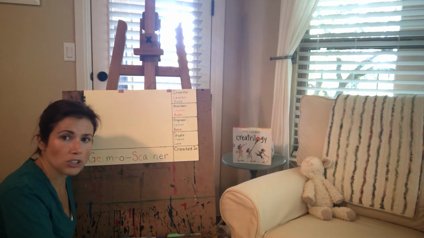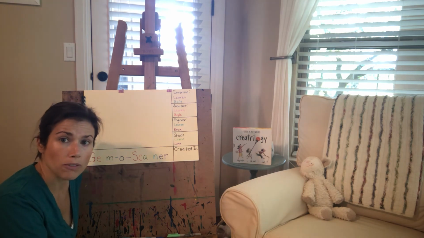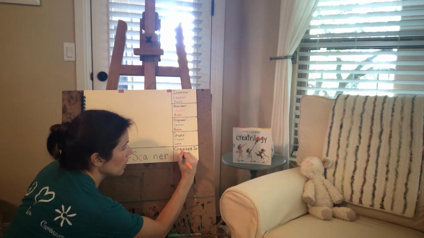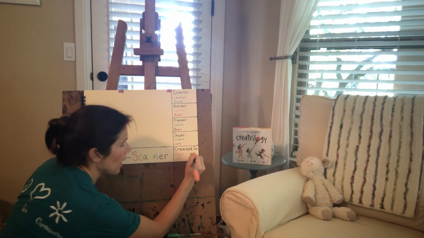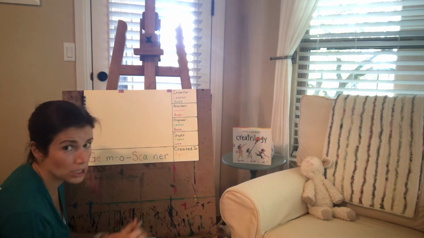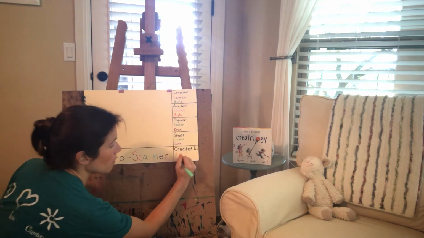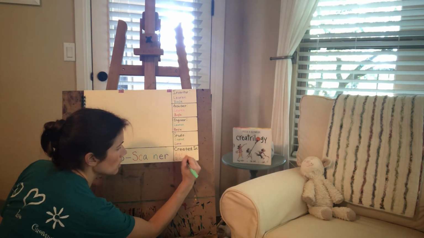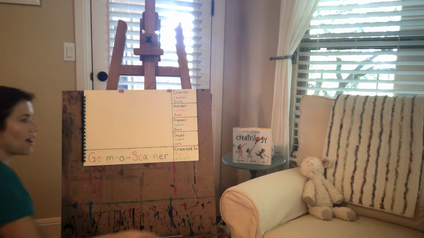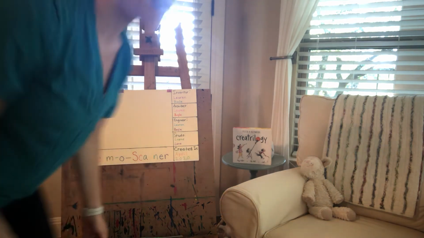Today's March 31st, so let's do April. April 2020. So we'll write A-P-R-I-L, and then 2020. Remember how we make that? We write 2020.